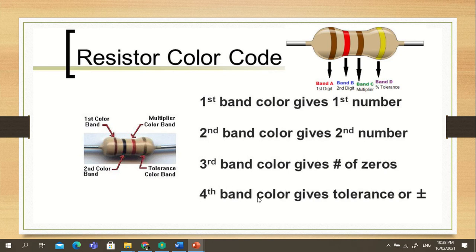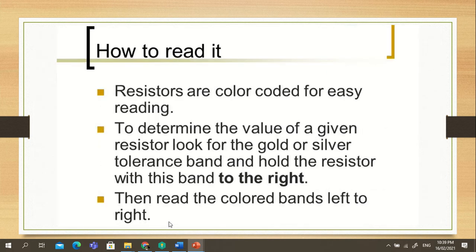Then the fourth band color gives the tolerance. It can be plus or minus, positive or negative. So we have the first and second color bands, then the third band is the multiplier color band, and this is the tolerance color band.